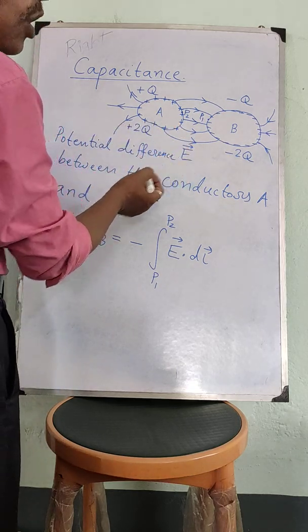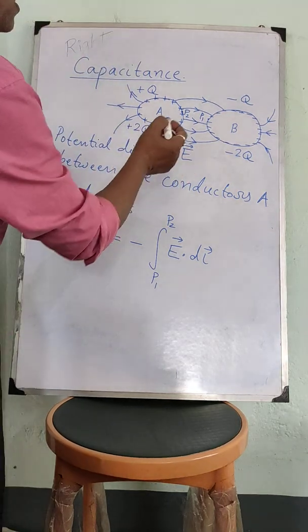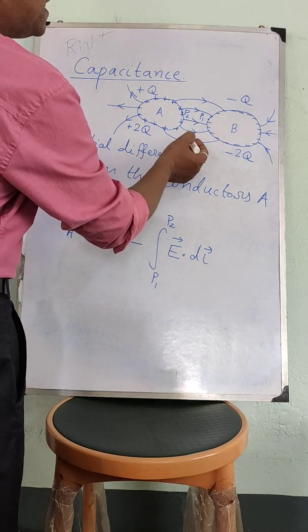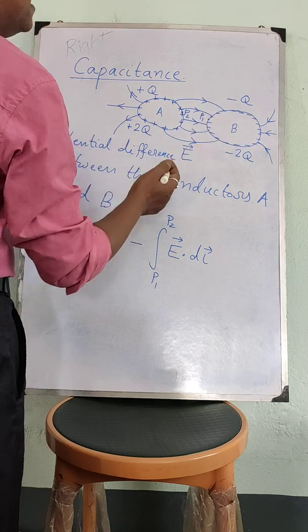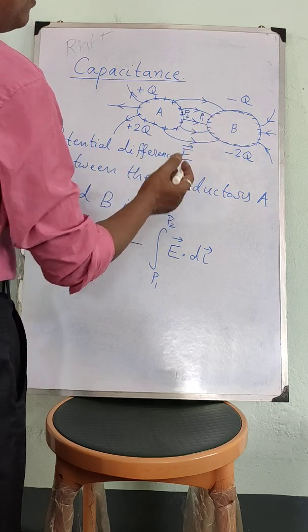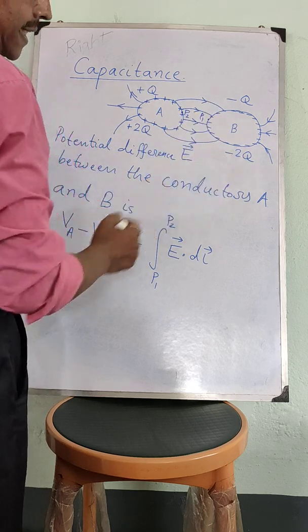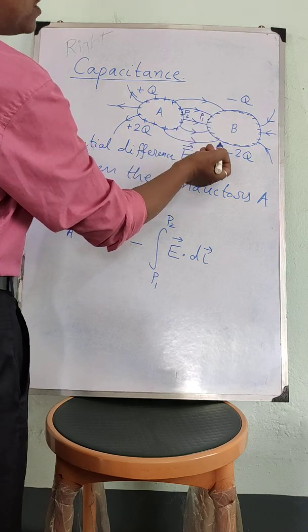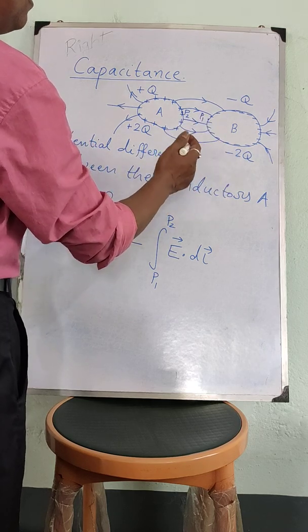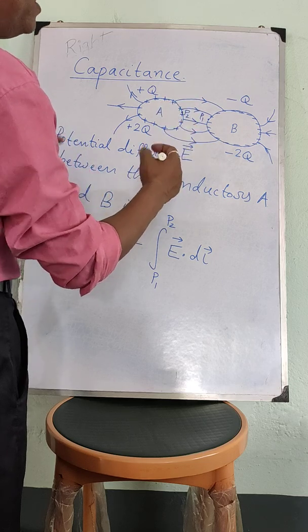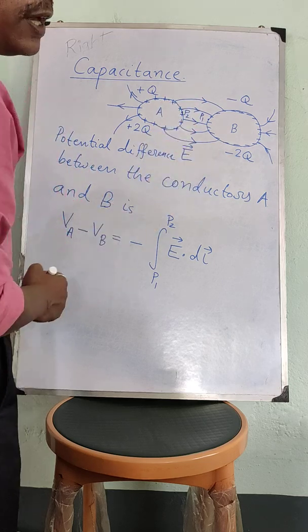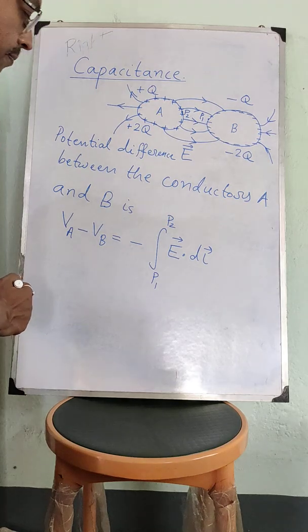From the principle of superposition, the electrostatic field at all points, its magnitude will be doubled but the direction will remain the same. The direction of the electrostatic field will remain the same, but the magnitude of the electric field at each point will be doubled. This follows from the principle of superposition.